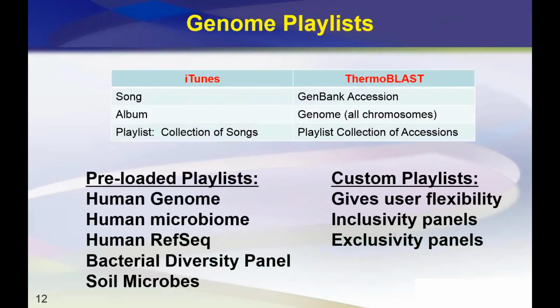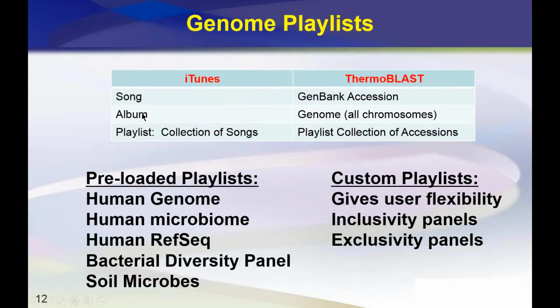All right, so let's talk a little bit about genome playlists and what that's about. The best analogy we could make is to compare ThermoBLAST to iTunes, which I think a lot of people are familiar with. So in iTunes, the smallest unit of songs that you can get is a single song. For us, in ThermoBLAST, the equivalent would be a single GenBank accession, which contains a single DNA or RNA sequence.